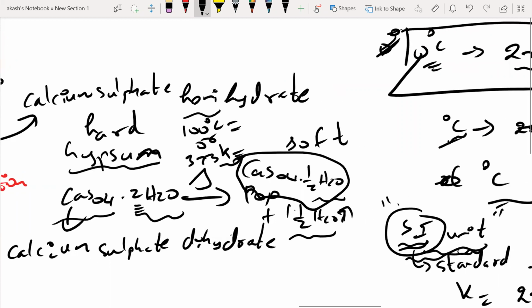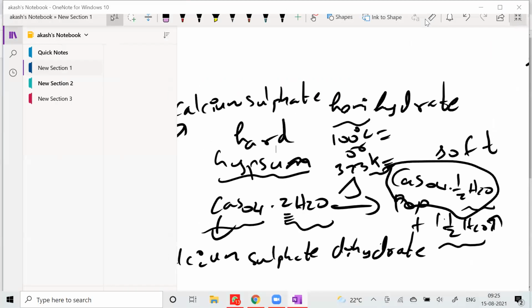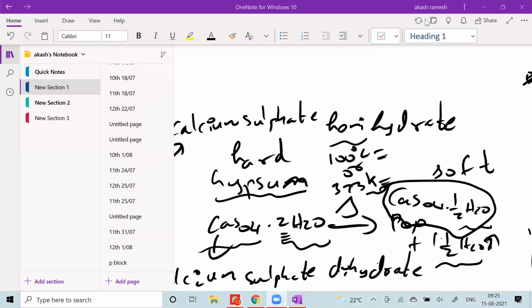Now, if you have the experience of fracturing your hand or your leg, how many of you have? Can I put it in the chat box? How many of you have experienced a fracture? Put yes in the chat box. I'm looking into the chat box.